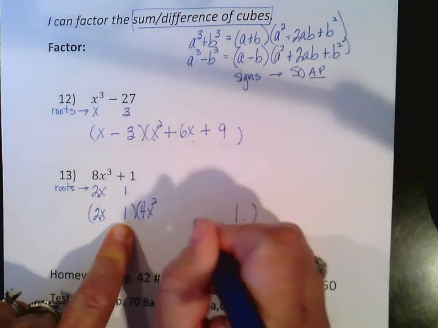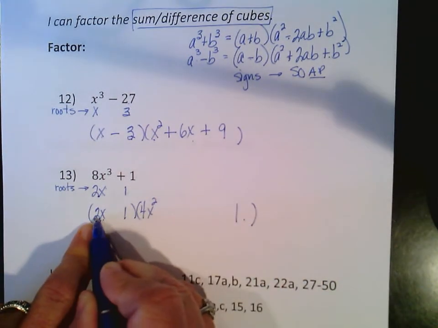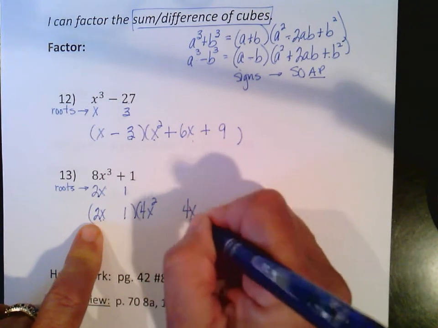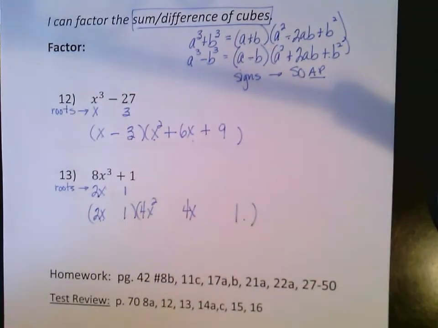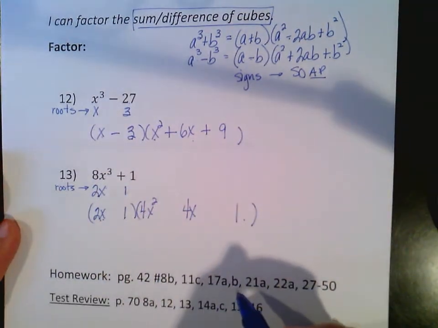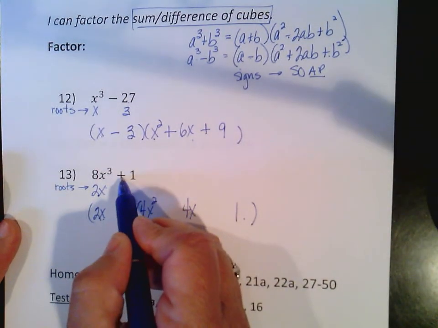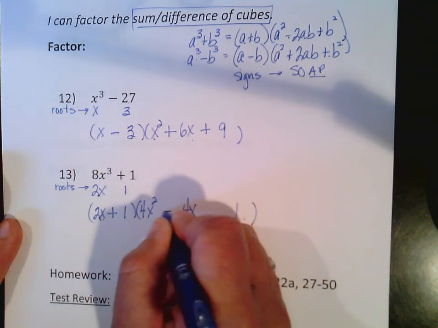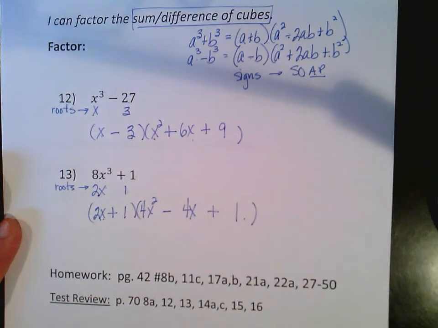For your middle term, you're going to multiply these together. 2x times 1 is 2x, and double it. 4x. I don't put any signs in until the very end. And when I put in the signs, I use SOAP, same, opposite, always positive. This is positive, so the first one's going to be the same. This is going to be the opposite of that. Last one's always positive, and that's your answer.